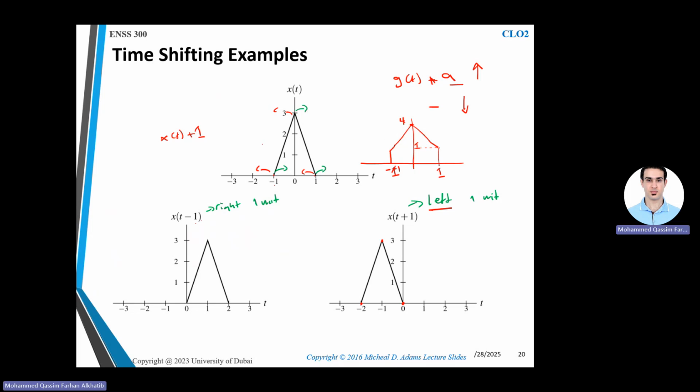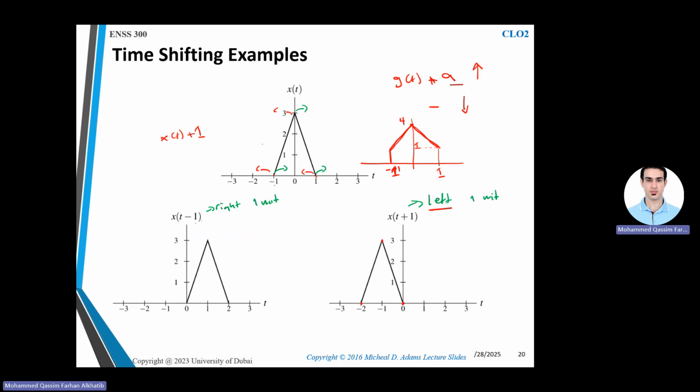So the 3 becomes 4, the 0 becomes 1, that's it. I know it might not look the same in shape, but there is no change in the x-axis. So the function still starts from negative 1 and ends at 1. However, I'm taking the function one shift up.